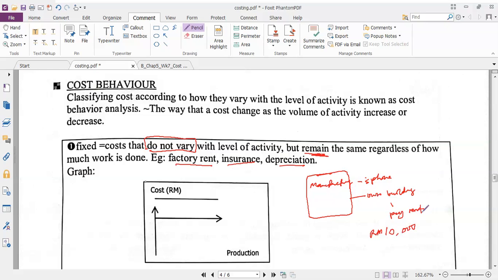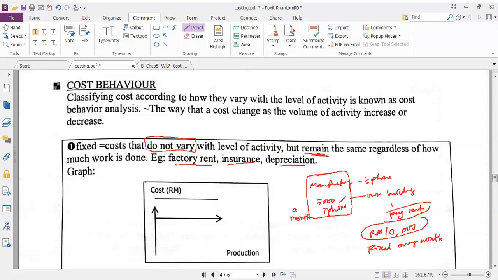So you produce how much iPhone? For example, in a month you produce 5,000 iPhone. But then you must pay rent only 10,000, fixed every month.